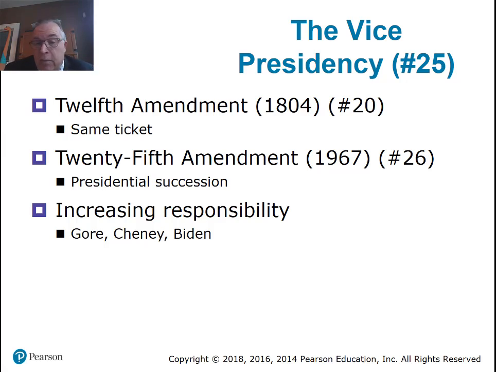The 25th Amendment was in 1967, and this is study guide question number 26. What amendment permits the vice president to succeed the president in times of temporary or permanent inability? And that is the 25th Amendment. It's happened, I believe, about 5 times. Bush, for example, did a couple of surgeries, nothing major, kind of routine medical activities.